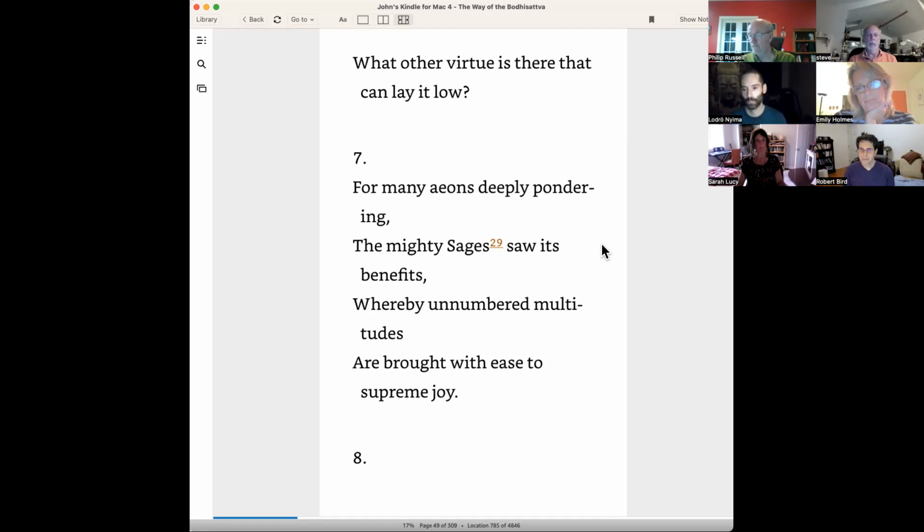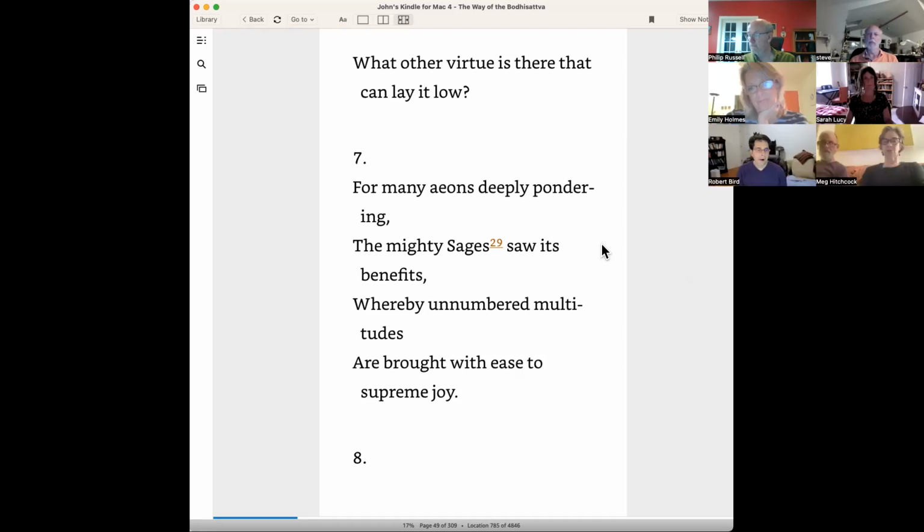The mighty sages, these are the Munis, they're called. That's in Sanskrit, and it's an epithet of Buddhas. The Tibetan is Tuppa or Tupwang, which means power holders. And they saw the benefit of bodhicitta, whereby unnumbered multitudes are brought with ease to supreme joy, because this state of mind is the mind of freedom.